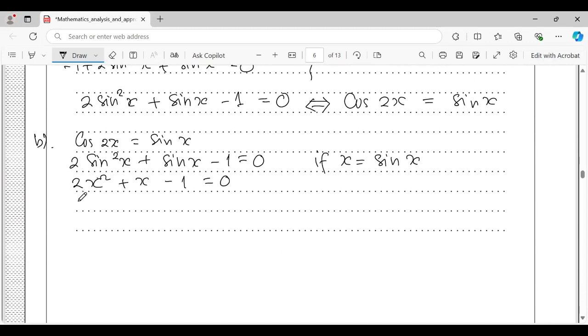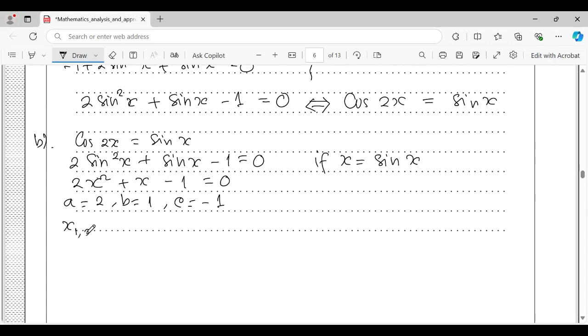By the formula, we can state that a equals 2, b equals 1, and c equals minus 1. I'm going to find x1 and x2 through the ABC formula.